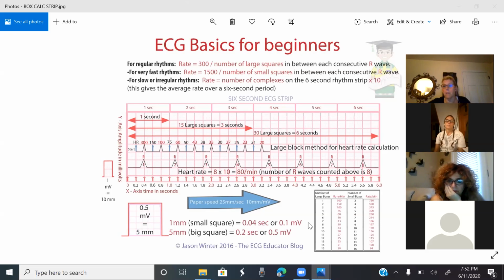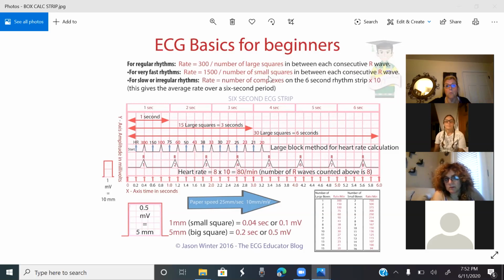This little chart, a lot of people use this chart. I don't like to try to memorize a chart. But it's telling you here how to use your large block method and your small block. But when can you only use those? If their heart rate is regular, right? For slow or irregular, you get the number of complexes times 10.